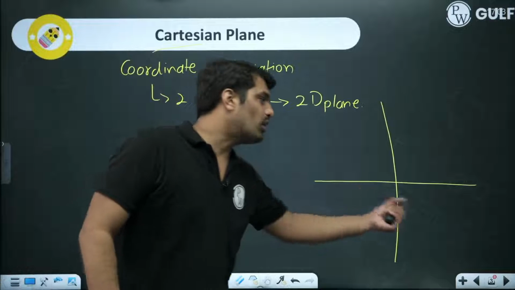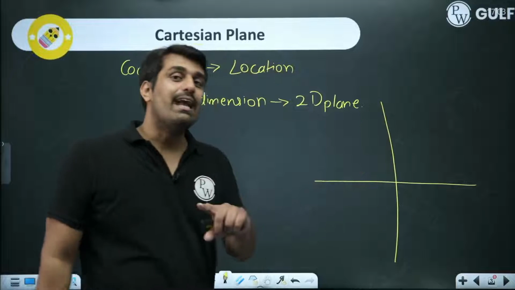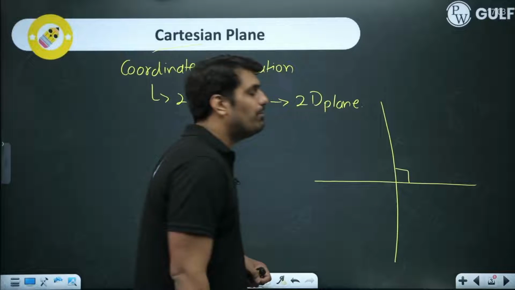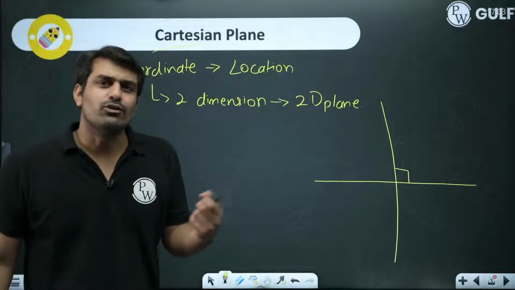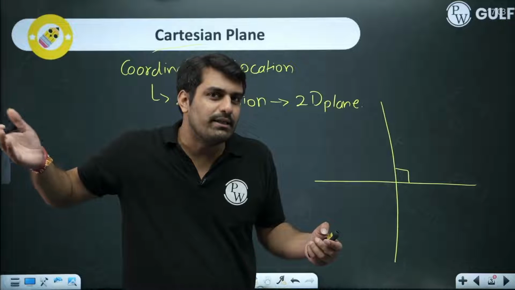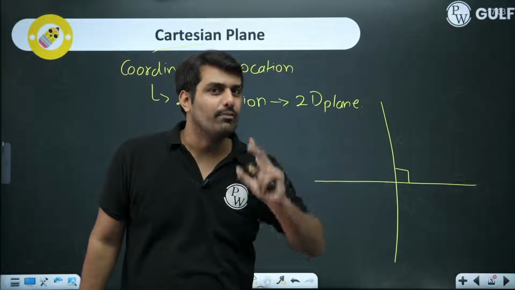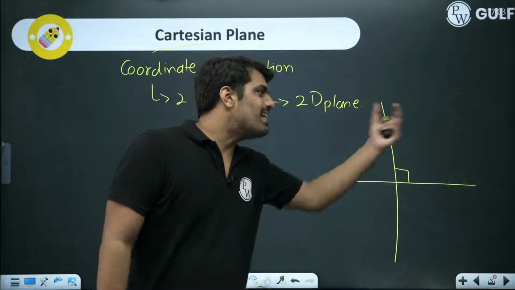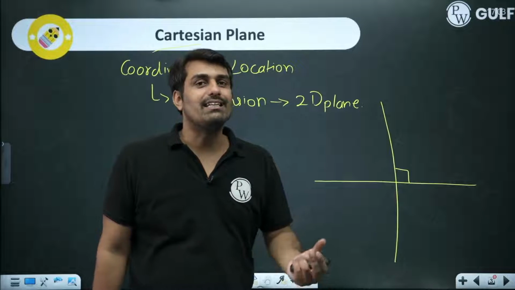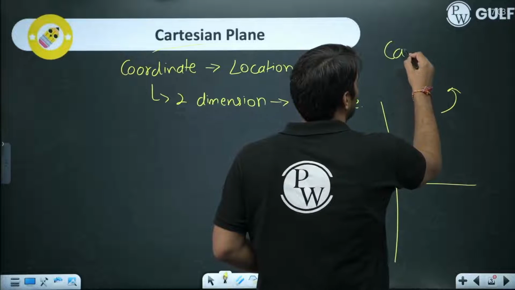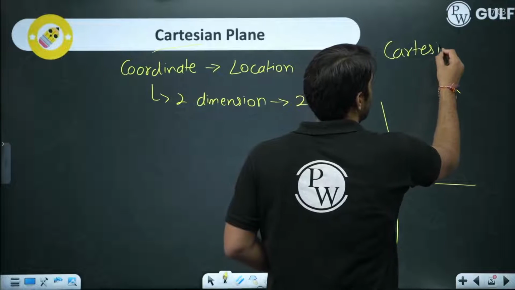Since one is horizontal and the other is vertical, the angle between these two axes would be 90 degrees. So two dimensions would be there, a horizontal one and a vertical one, with a 90 degree angle in between. And this plane would be called a Cartesian plane.